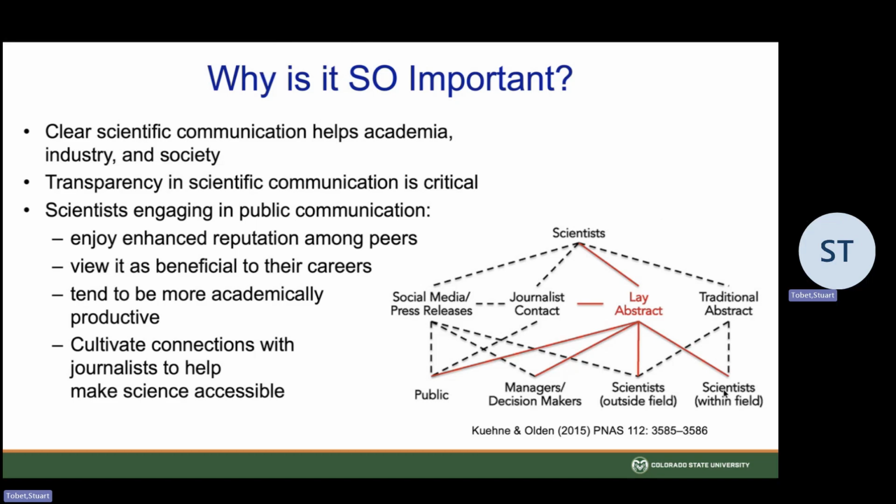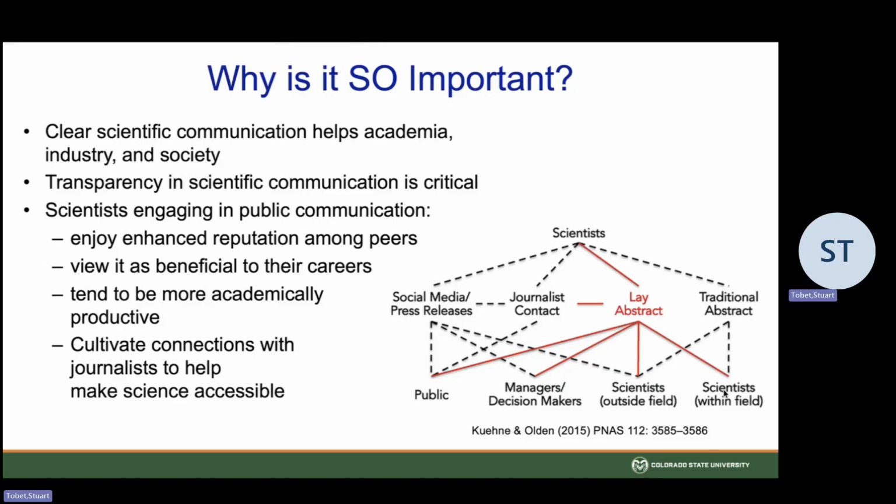Scientists that engage in public communication have a really strong reputation among peers. It's beneficial to your career. The better you can speak about what you do, the more people will want you to work in their environment, their academic setting, their industry setting. The more people understand that you are the person who can communicate what you do, the better it will be for your career.